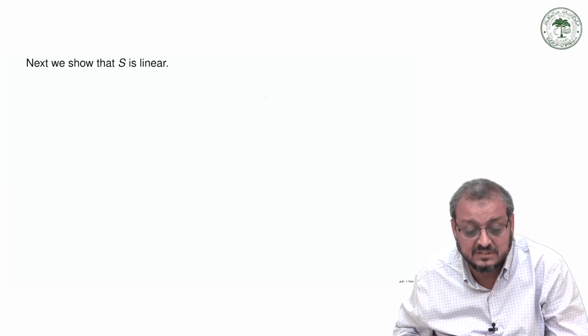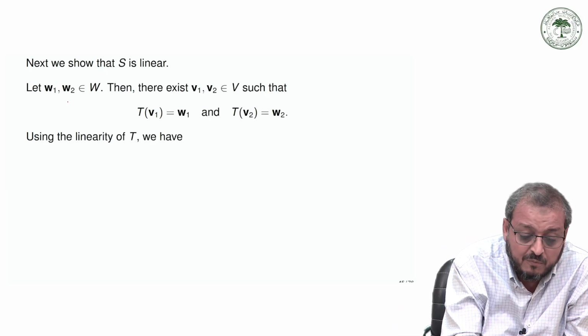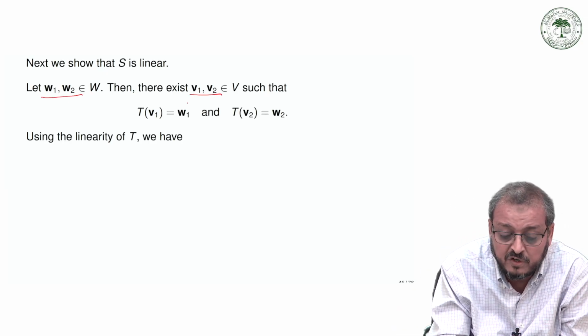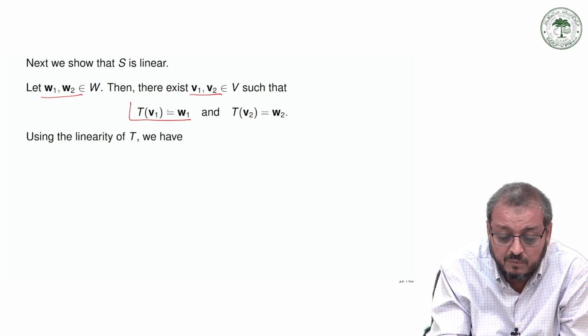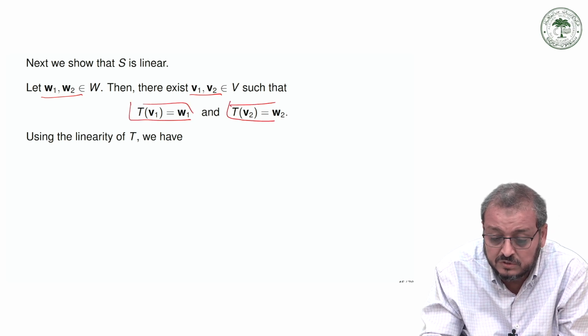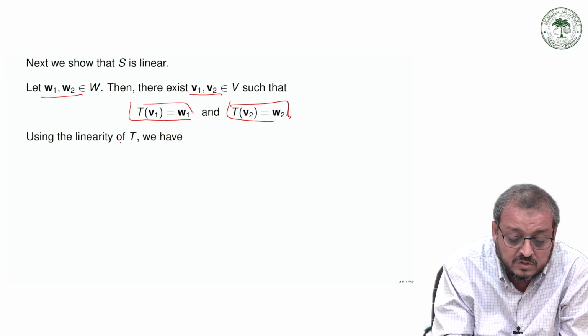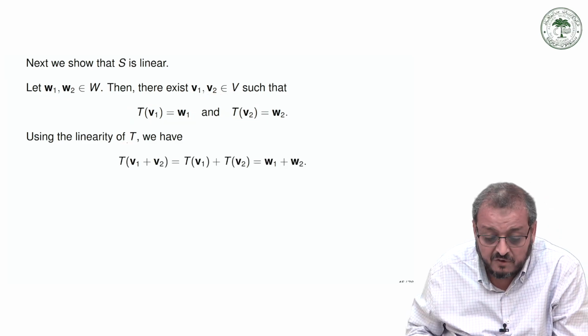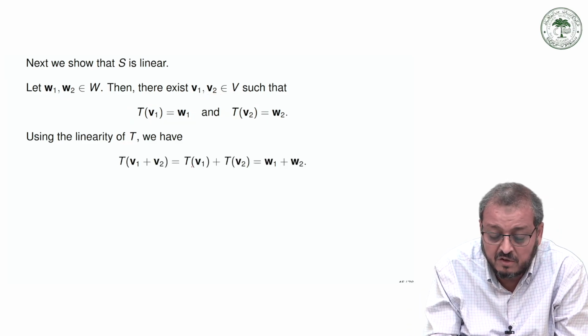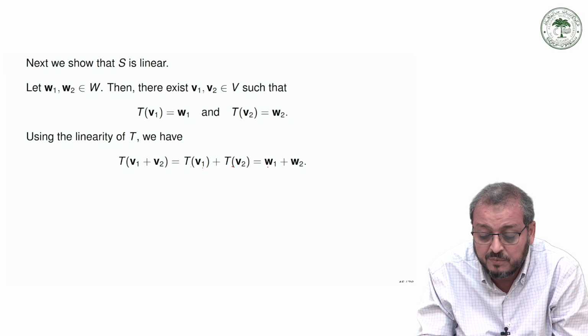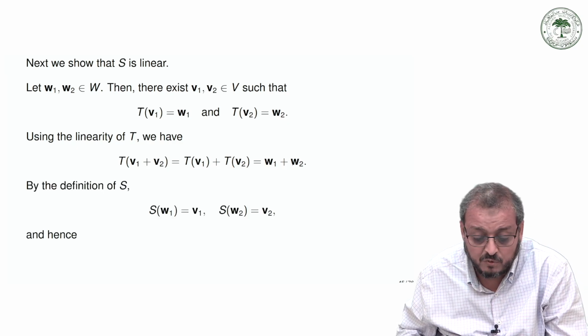Now we show that S is linear. Take W1 and W2; by ontoness there are V1 and V2 such that T of V1 is equal to W1 and T of V2 is equal to W2. By using the linearity of T, we can write T of V1 plus T of V2 as W1 plus W2.